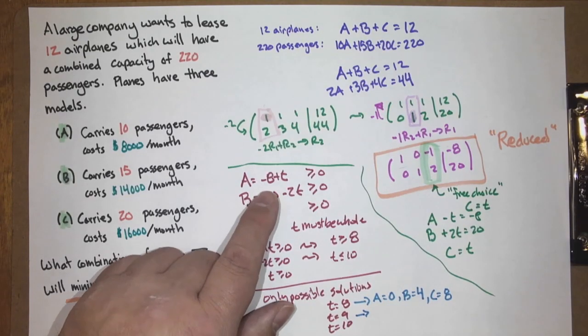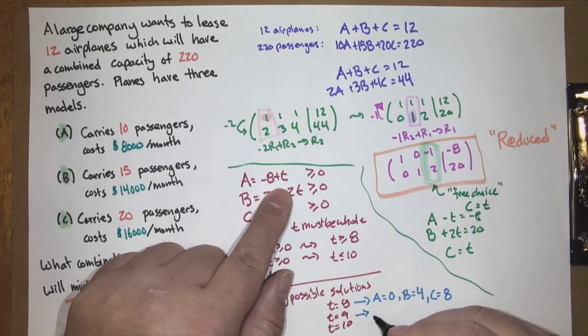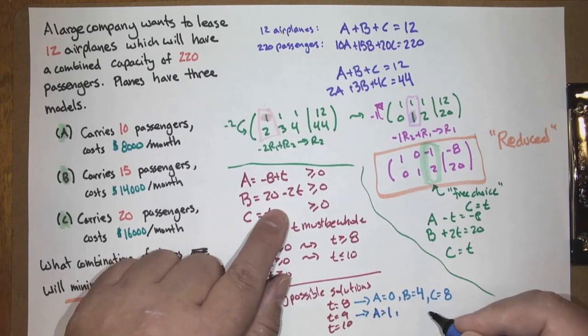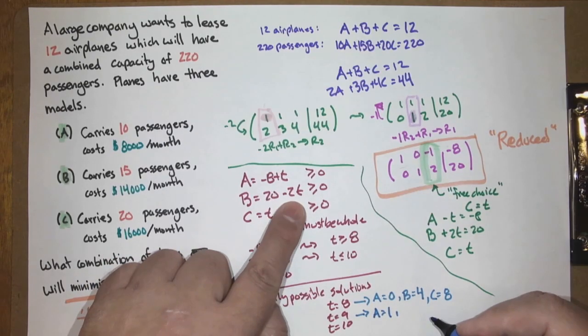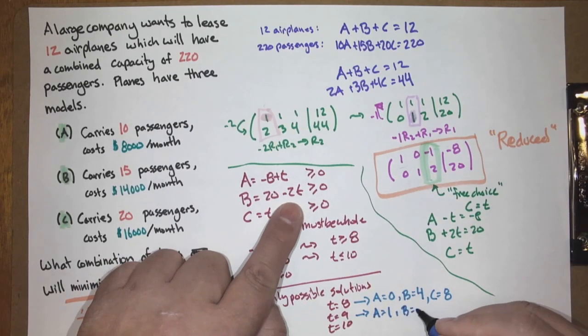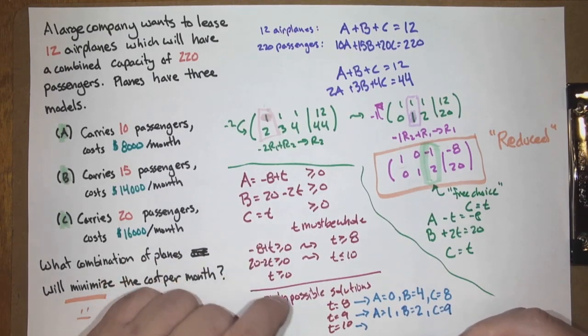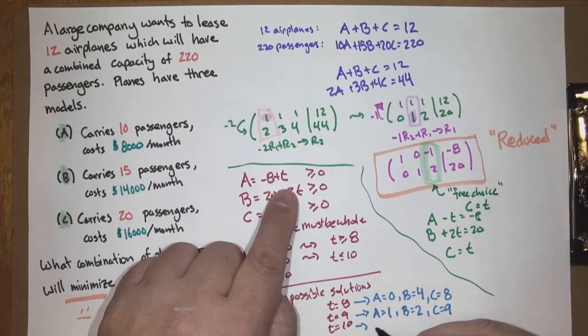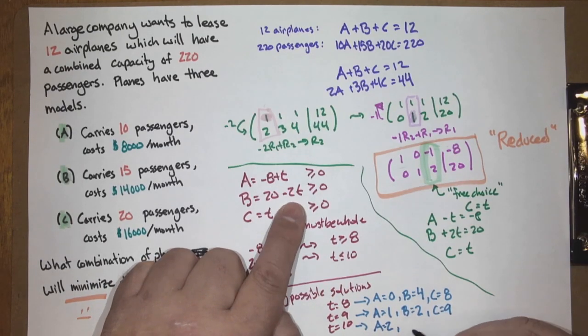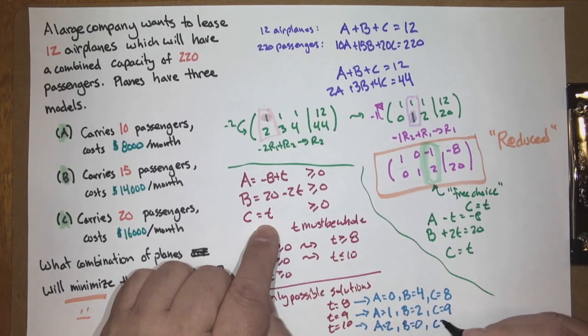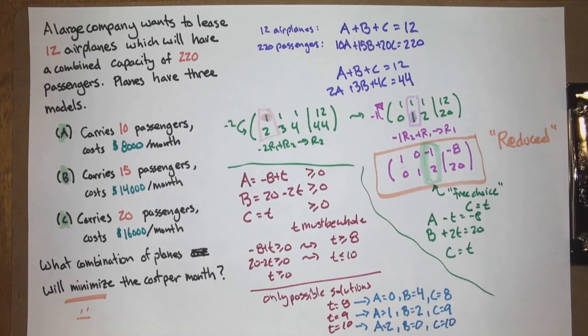If we have t equals 9, negative 8 plus 9 says we have 1 of type A. 20 minus 18, 2 of type B, and then 9 of type C. And then if we have t equals 10, negative 8 plus 10 says we have 2 of type A. 20 minus 20 says we have none of type B, and 10 of type C.